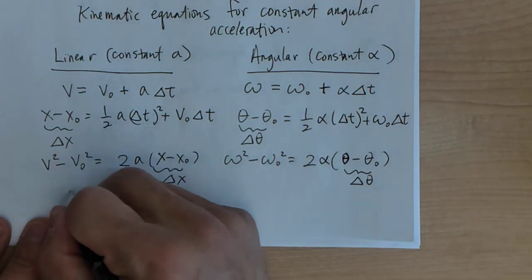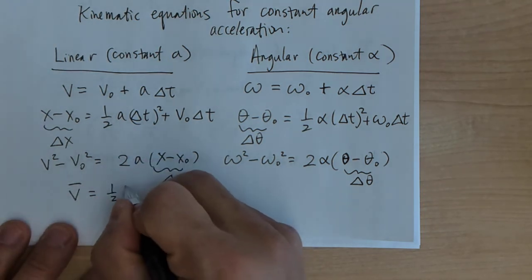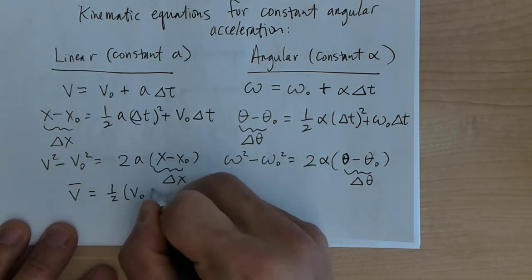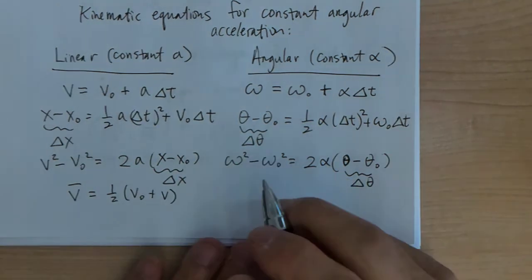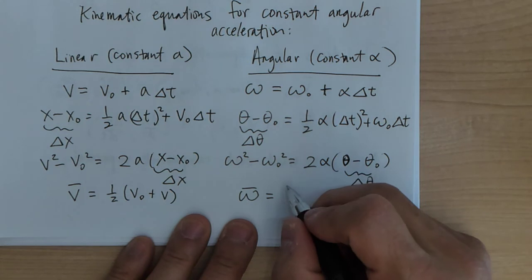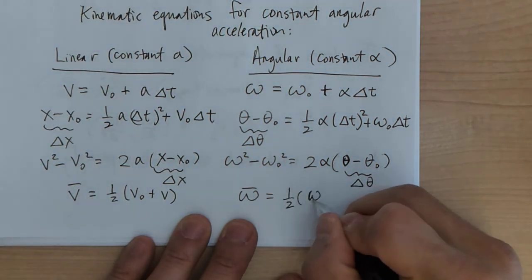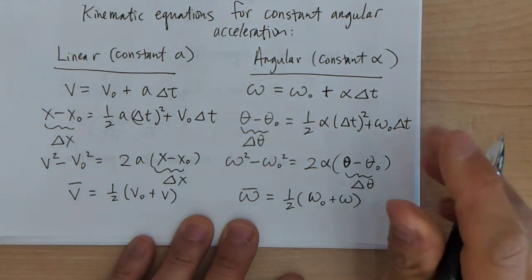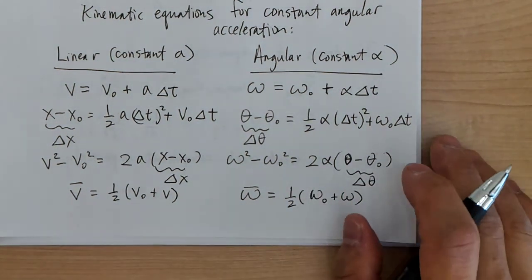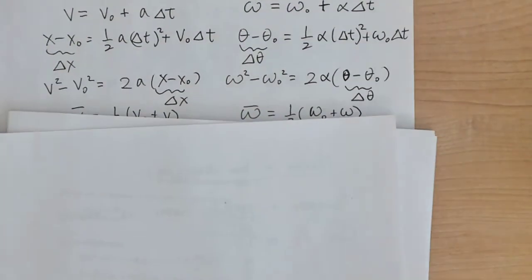The average velocity over an interval is the average of the initial and final velocity. Same thing here: the average angular velocity in an interval is 1/2 the sum of the initial and final angular velocities. So if you look things up this way, you don't have to relearn anything.